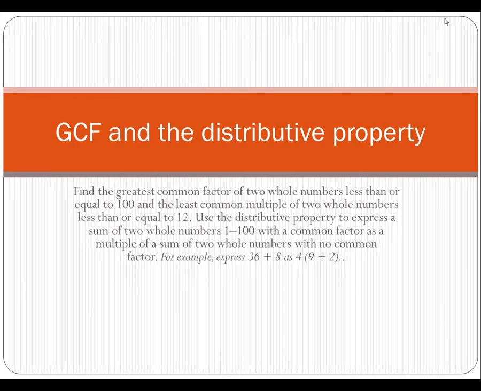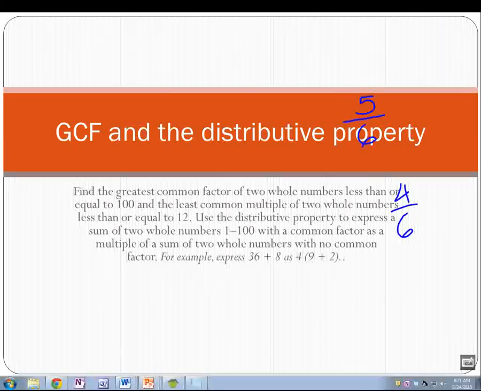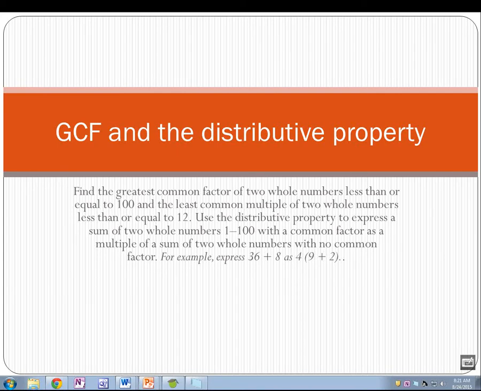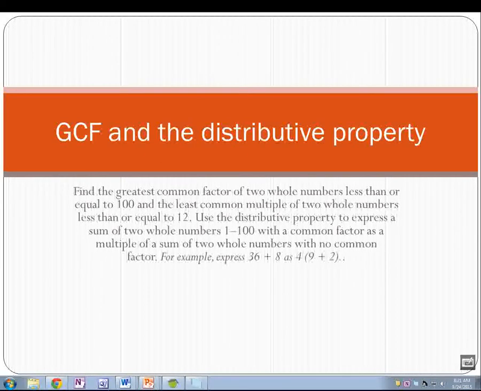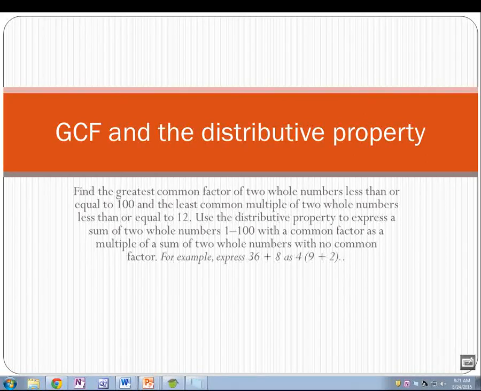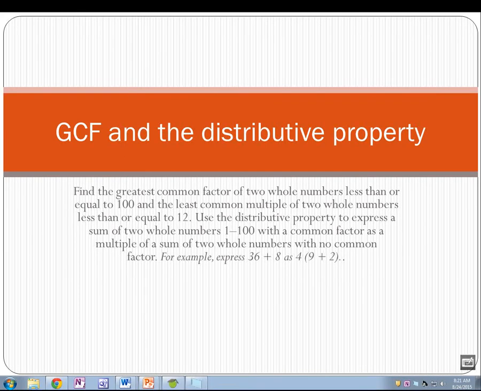Okay, and this is how you're going to change that. How about use the distributive property? So you're writing this, and I'll be able to use distributive property to add two whole numbers.